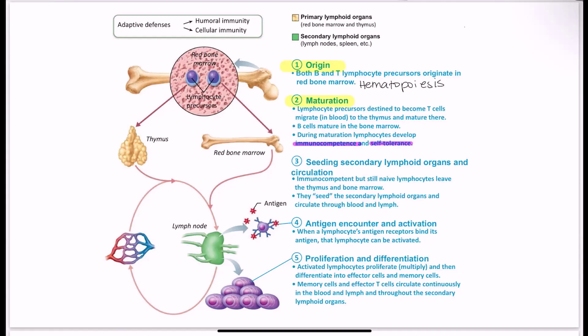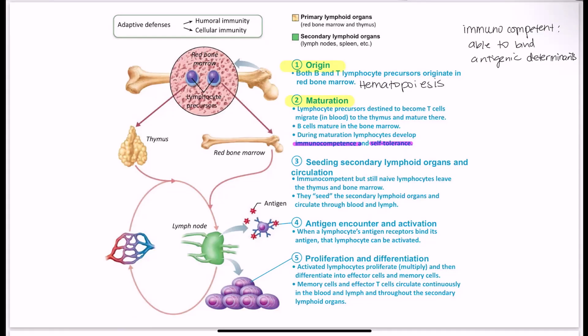To be immunocompetent, it's the presence of certain receptors that allow the lymphocyte to bind stuff on an antigen, able to bind antigenic determinants. So if we're able to bind those shapes that we just looked at, then we would call that immunocompetent.